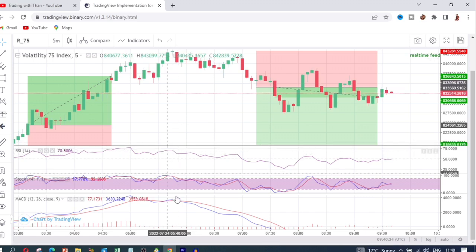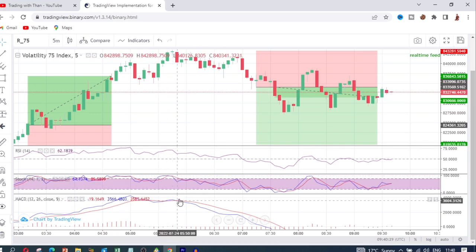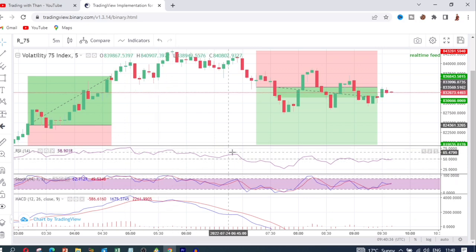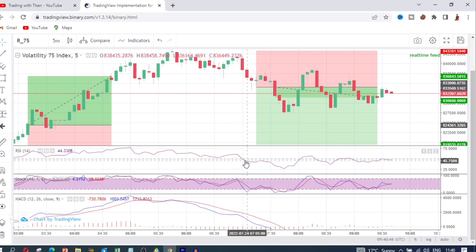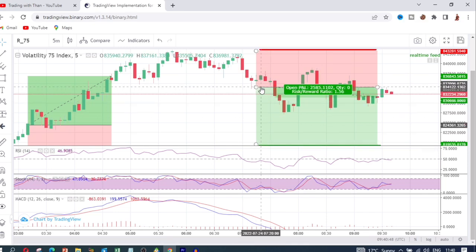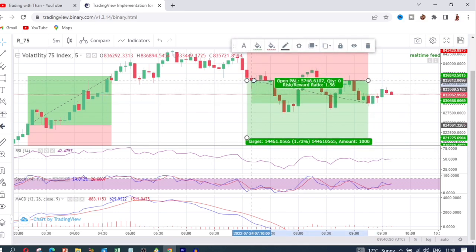So once we see the crossover, we also want to see that the crossover happened while the Stochastic was in an overbought situation, and then we want to see the RSI line crossing the 50 level right here, right? So when the RSI line crosses the 50 level right here, this is when you place your trade. So this trade was supposed to be around at this point here.